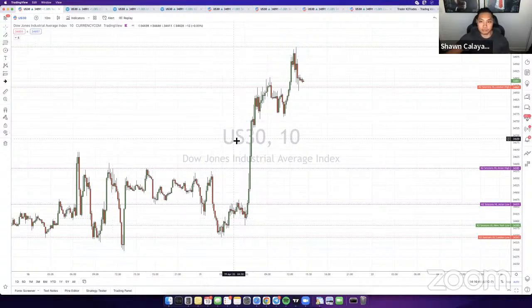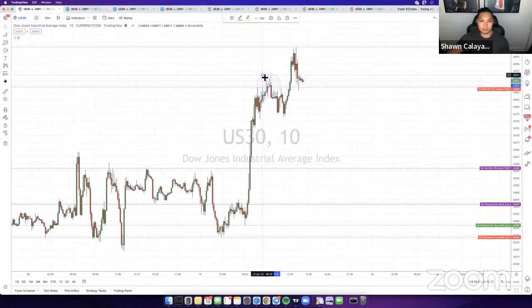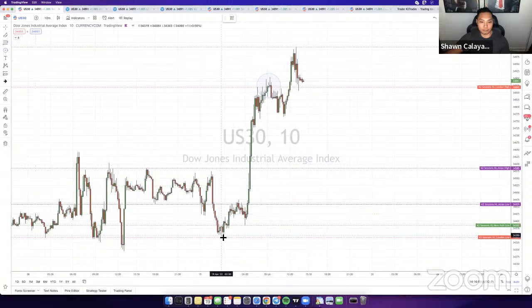Same with the other sessions. We have the London high right here from the previous day, and then we have the London low from the previous day, which is going to be right here as well. Other than that, it pretty much explains this indicator for the most part. It just identifies the previous session high lows.